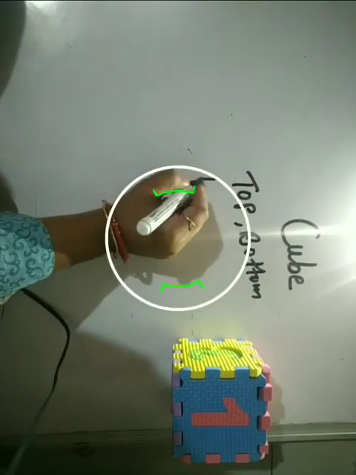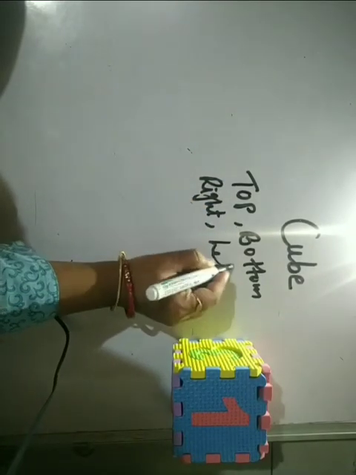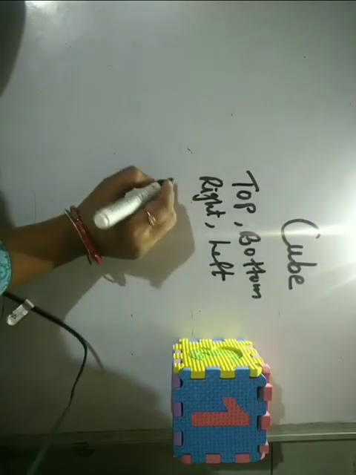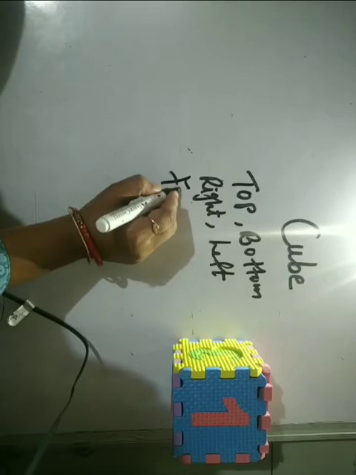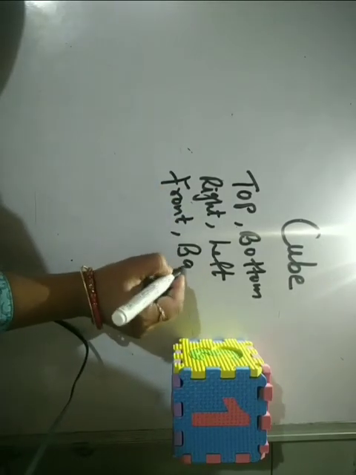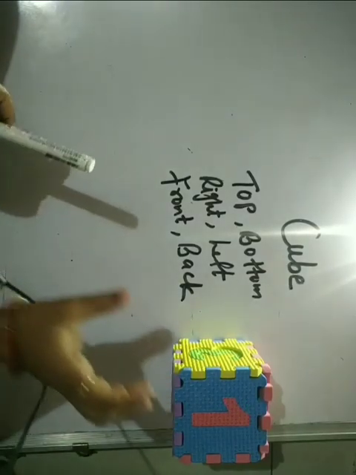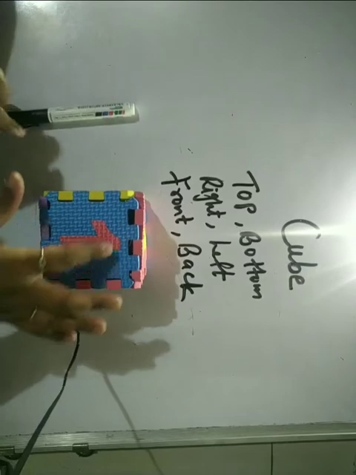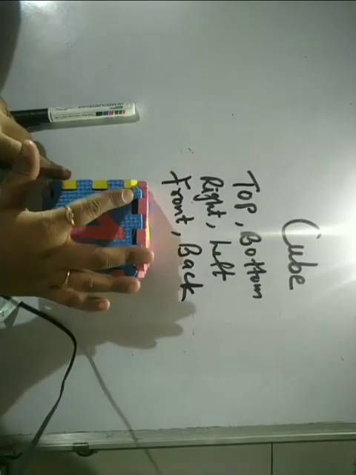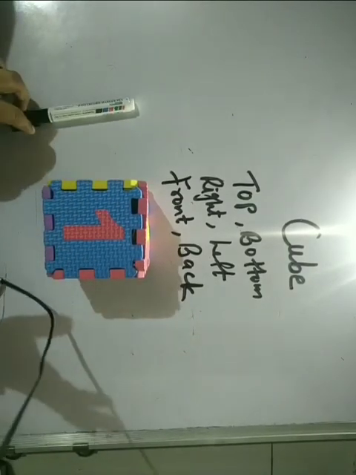Then one surface is on right, and opposite surface is on left. Then front surface and opposite surface is on back side. So here there are total 6 surfaces, and all the 6 surfaces are equal in size, and if you observe, all the 6 surfaces are square in shape.